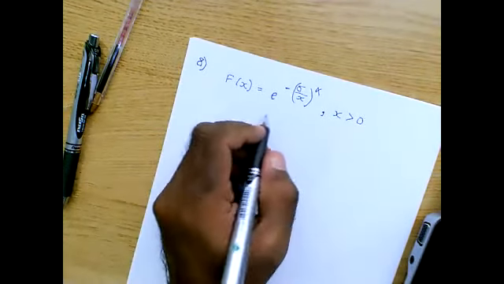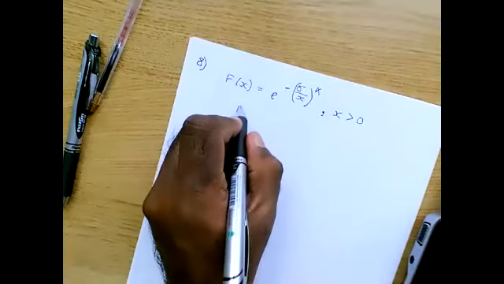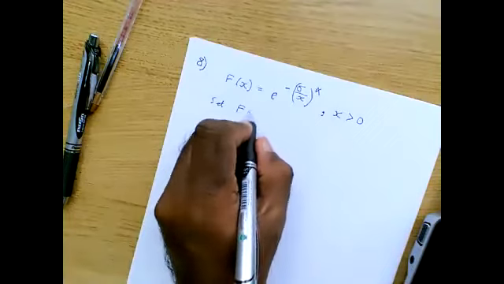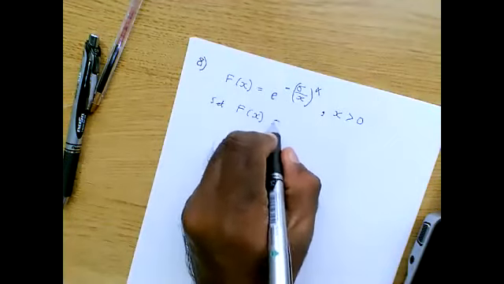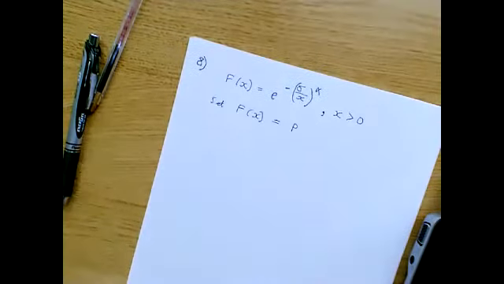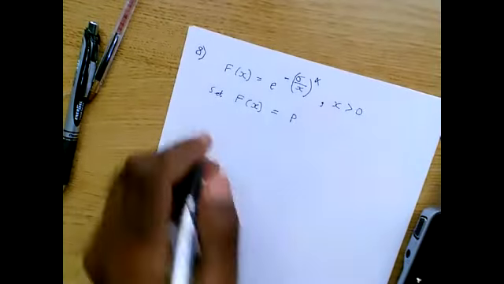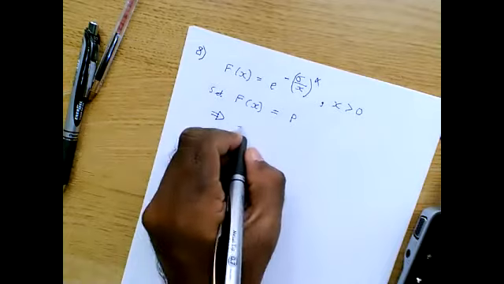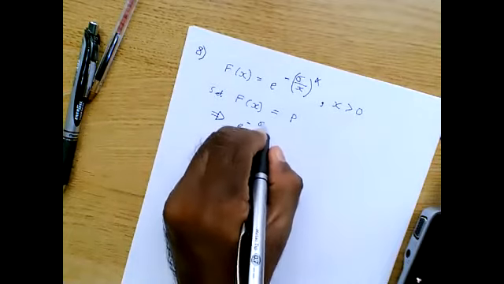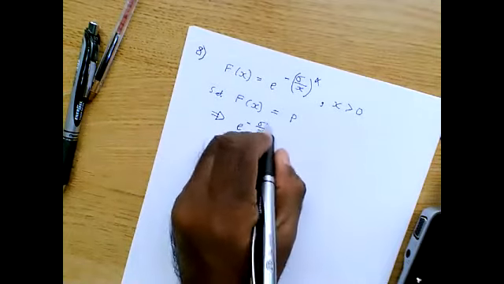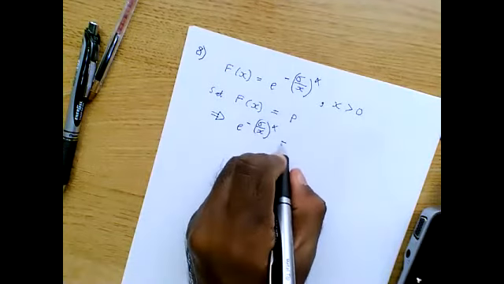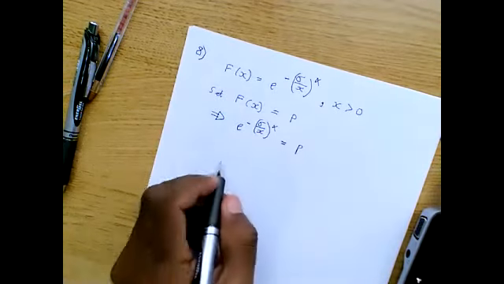And we want to find the VaR. Okay, in order to find the VaR, you set F of x equal to p, right? And this implies that this is equal to p, right?